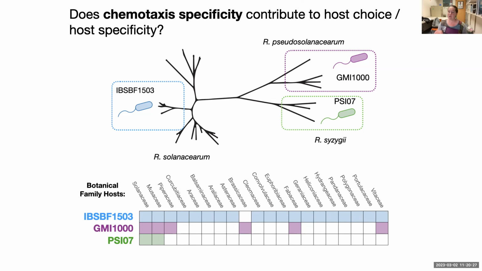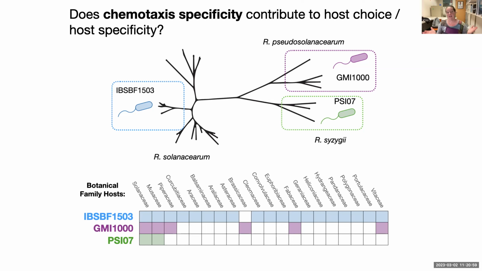But if we start looking at individual strains, what we find is that the host ranges are unique and can be more strict. For example, highlighted in blue, I have the strain IBSBF 1503. That's a strain of Ralstonia that infects a really wide range of different host families. It infects solanaceous vegetables, bananas, Brassicaceae, ornamentals, and a really wide range of different families that this organism has been isolated from.